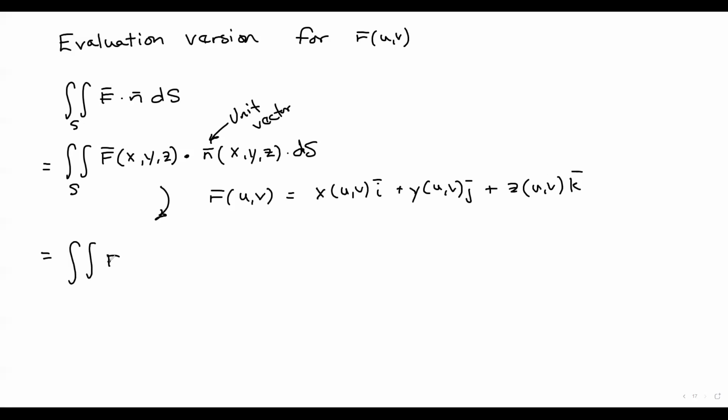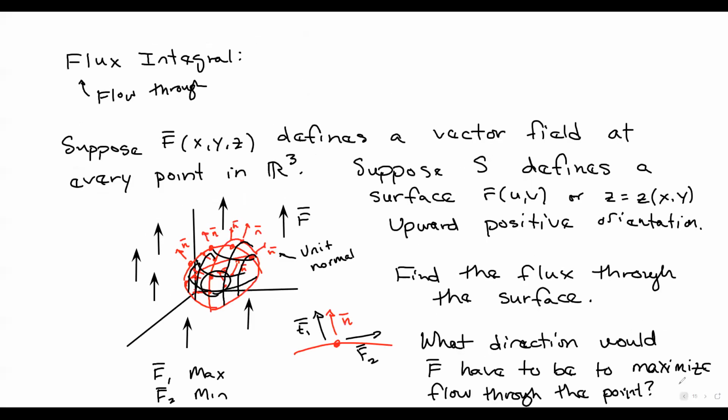So we're going to do f of x of u comma v, y of u comma v, z of u comma v, dotted with, and now n of x, y, z. What I'm going to do here, instead of doing n of x of u, v, y of u, v, is replace n with what we found earlier, right? So what did we find earlier for a normal vector to a surface? Let's go back.